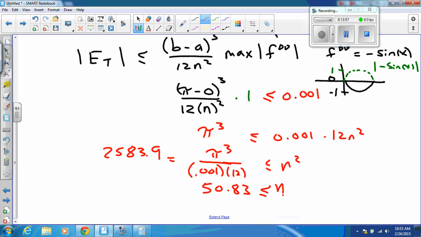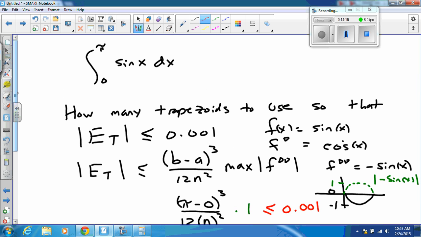Now, what does this n value tell me? It tells me that if I use any number of trapezoids greater than 50.83, in other words, 51 or more, then my error will be no greater than 0.001 in magnitude.